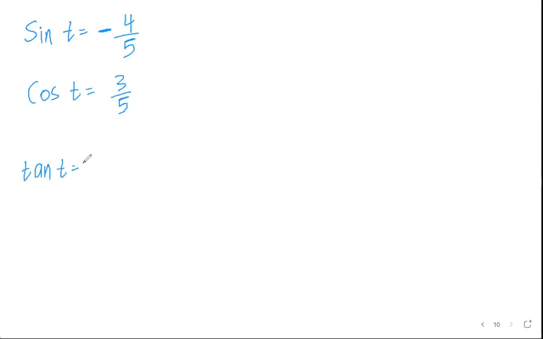So now I have two things. The sine of t is negative 4/5. The cosine from the question is 3/5. Now I can find the tan. Tan of t is sine over cosine of t: minus 4/5 divided by 3/5, giving negative 4/3.